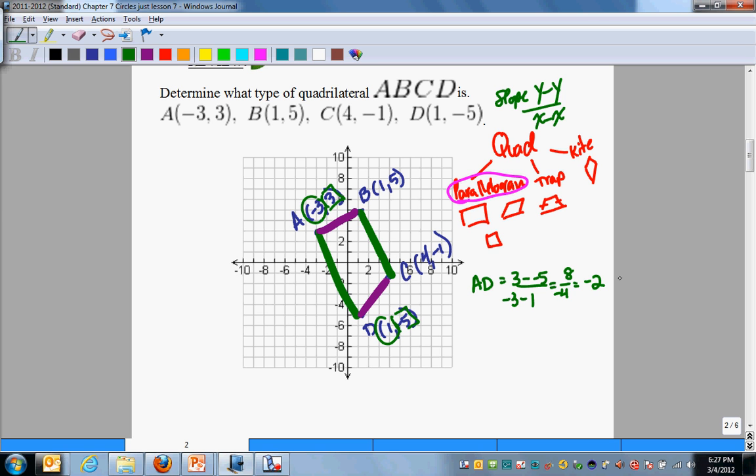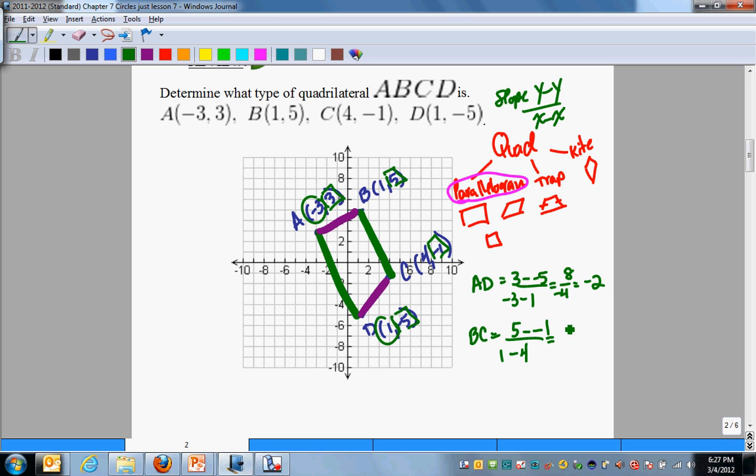That's A to D. Now we're going to try the other green, which is B to C. And we're going to do here 5 minus -1 and 1 minus 4.